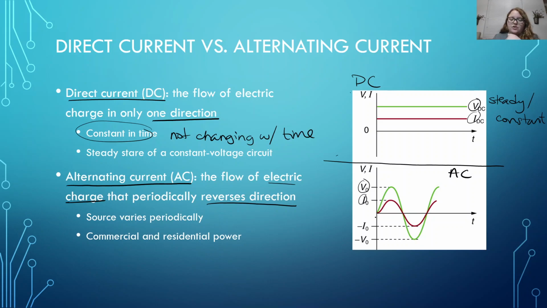It'll go from positive to negative due to that change in electric charge. So our Q would go plus then minus, then plus then minus. It varies periodically, and an example would be commercial or residential power.